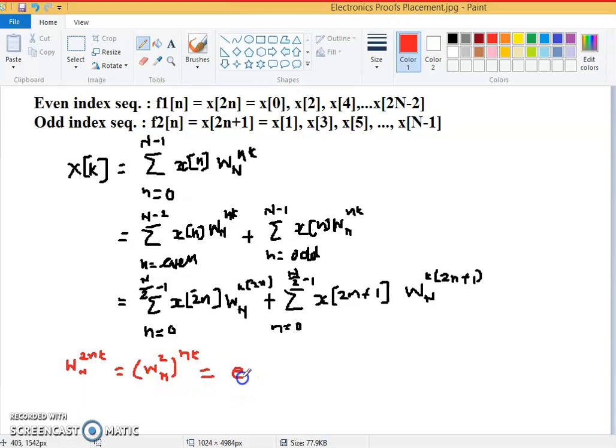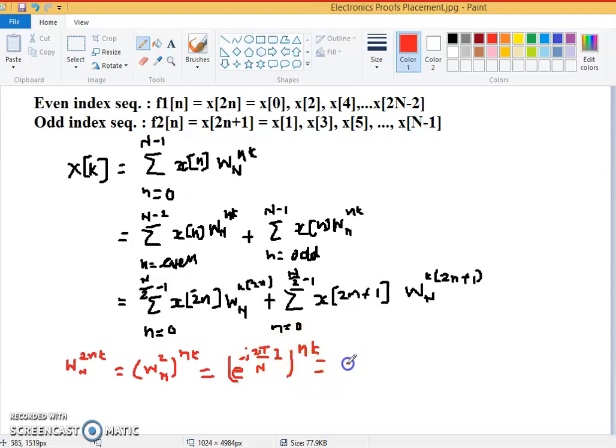W is e raised to the power minus j 2 pi by N. That is the value of W_N. W_N is this raised to the power 2, into nk.